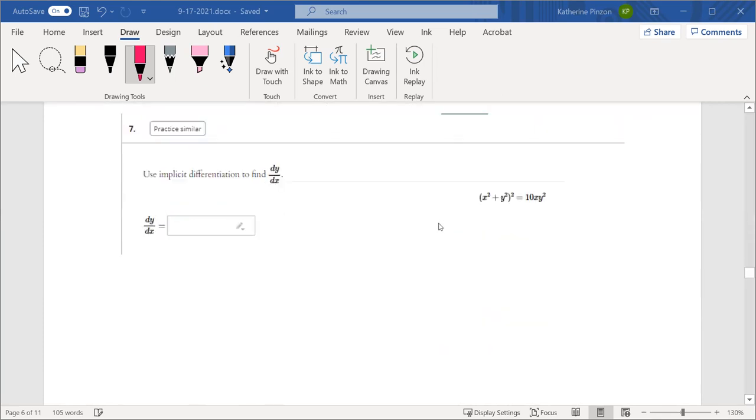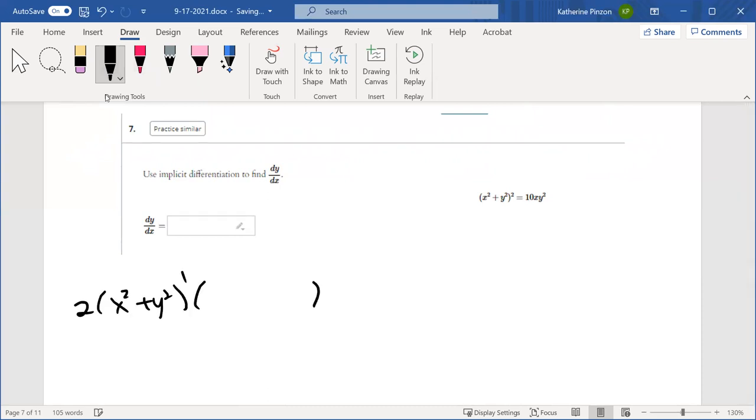Okay, onward. Use implicit differentiation to find dy/dx. This is 7. What do I need for this right-hand side? Product rule, great. And then for the left-hand side, I need the chain rule, yeah? So the derivative of (x squared plus y squared) to the second is 2 times (x squared plus y squared) to the first times the derivative of the inside, 2x plus 2y dy/dx.